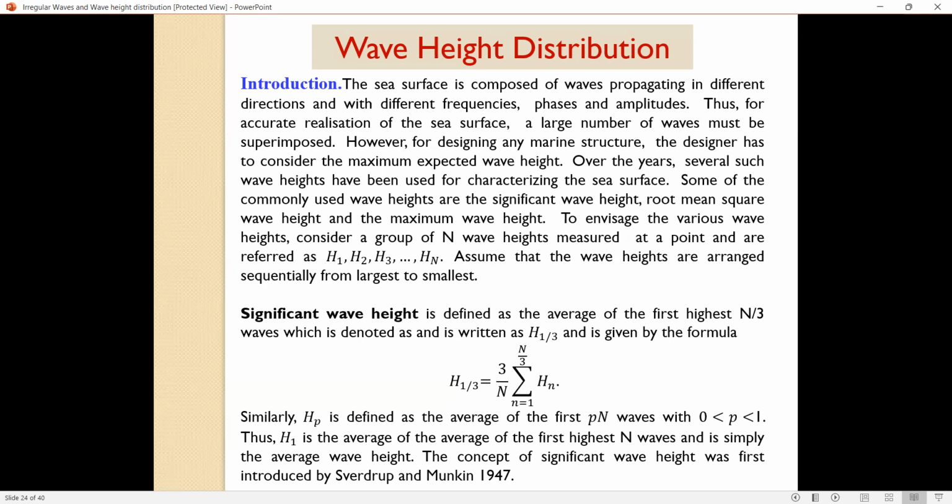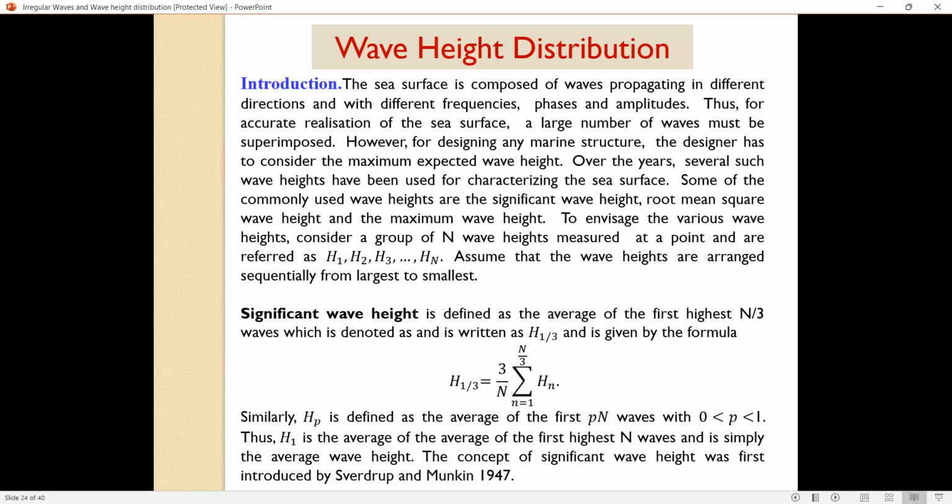Is it the simple average? Averaging is not a very good solution. Then we thought of root mean square averaging: take the square of all these values, then average. Different concepts have come from different people. One of the most used practices is called the significant wave height. You have a large N, and you arrange the data in descending order and take the first one third of the wave heights. You average that first one third, and that average is called the significant wave height.